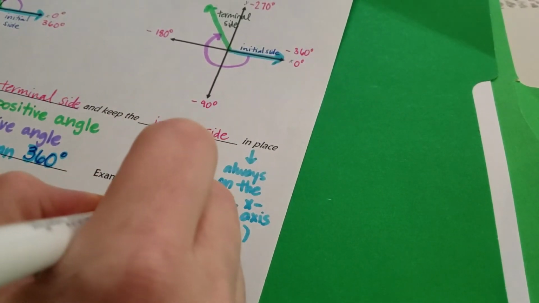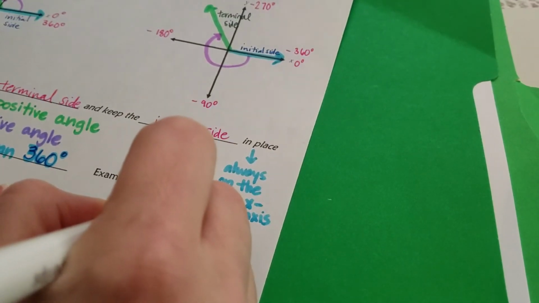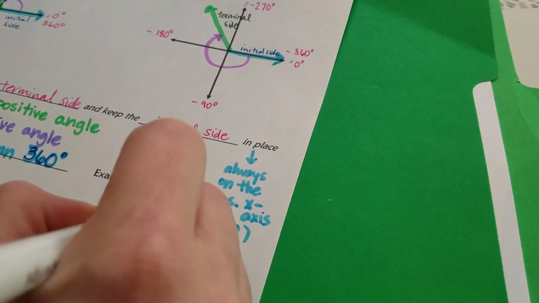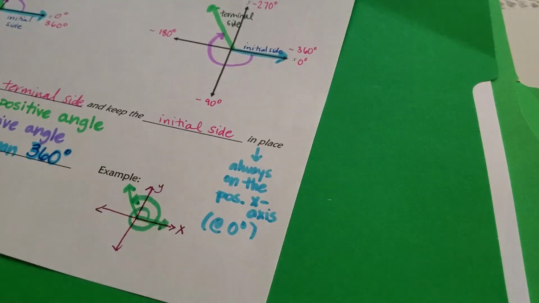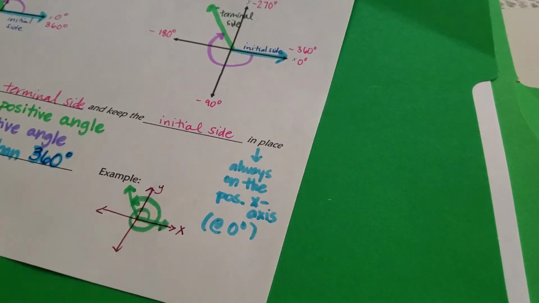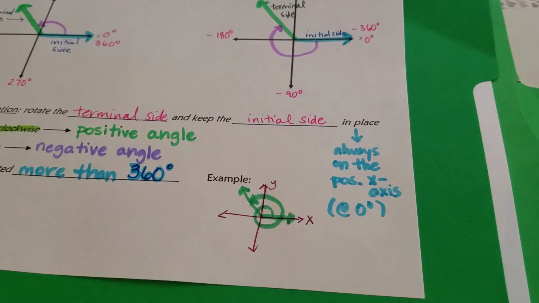When you do your rotation, it would be one full rotation and then your arrow. So you have the one full 360 and then it goes around. It's like a spiral if it's more than 360.